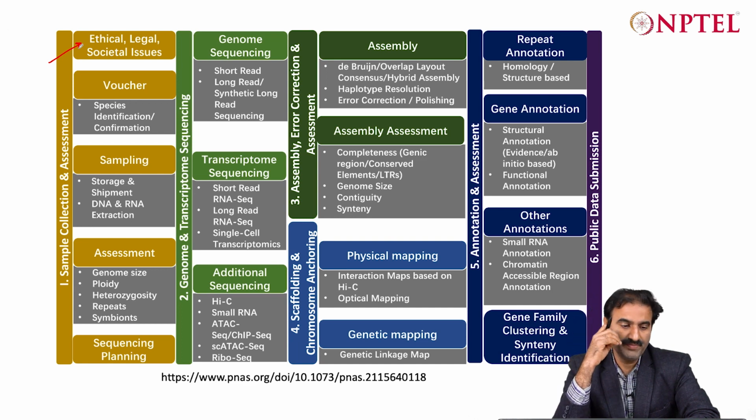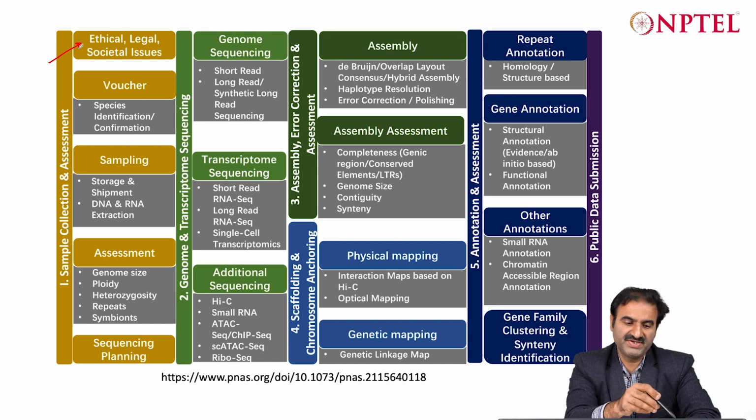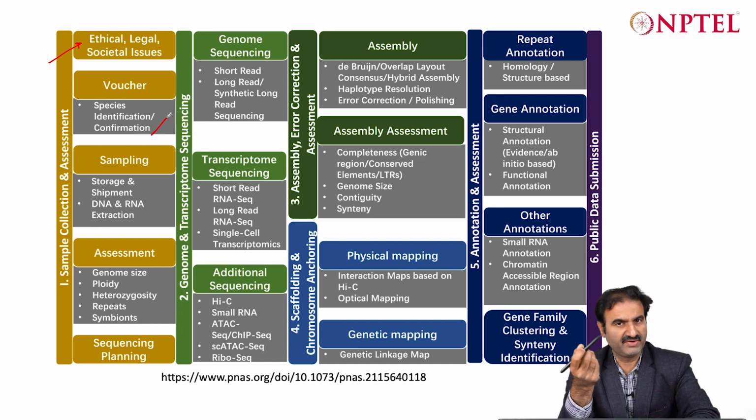And then you may think that morphologically this is the species of my interest, but you have to confirm the species using markers that we have discussed earlier, right? It could be a mitochondrial marker, a chloroplast marker in case of plants, or nuclear genes which could act as markers, or the typical traditional 18S, 16S, ITS regions which could be used as markers, right?